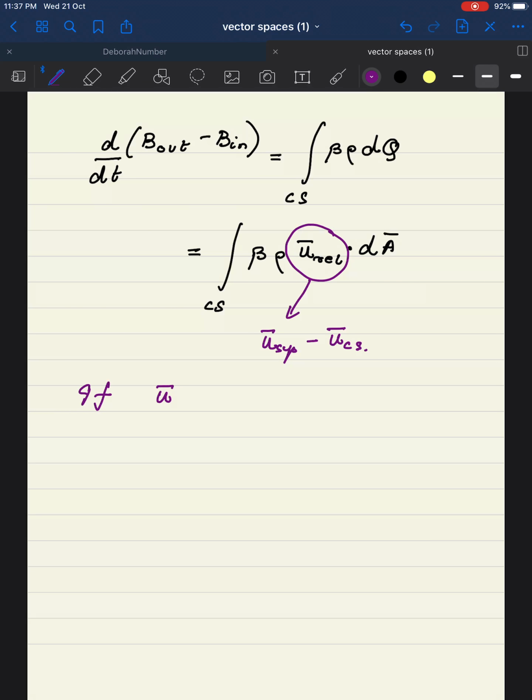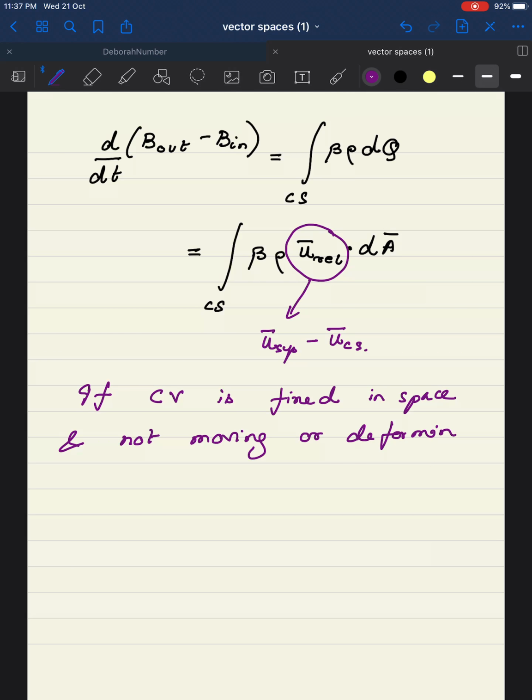So if the control volume is fixed in space and not moving or deforming, because the control volume is in the hands of the observer, who can choose to either move it or deform it.